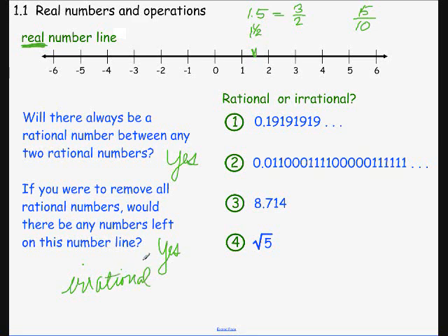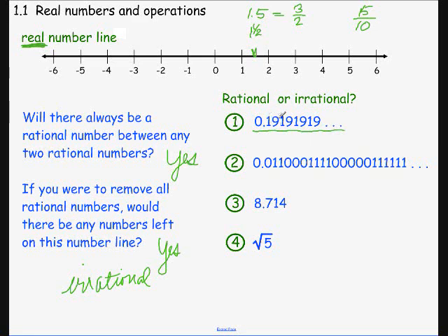Okay, so let's take a look at this and determine whether we've got rational or irrational numbers. Right off, I'm looking at something which isn't all that easy to interpret. I do know that it goes on and on and on because I see these little dots.